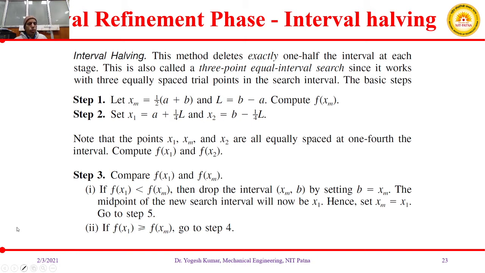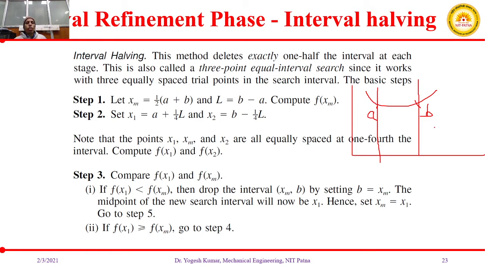Okay, so suppose this is a function, and we have identified values a and b. Okay, and we are saying that the optimum value of your function will lie between these two values. So the length of the interval will be L equal to b minus a.